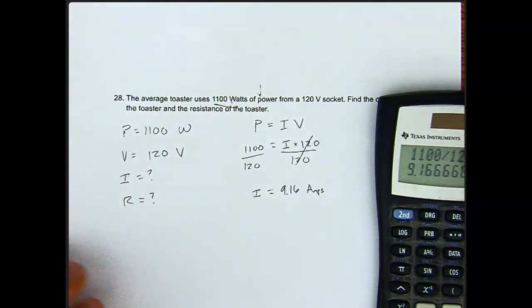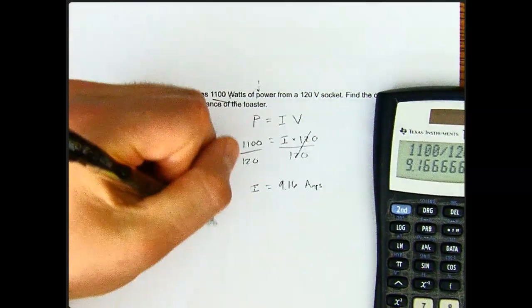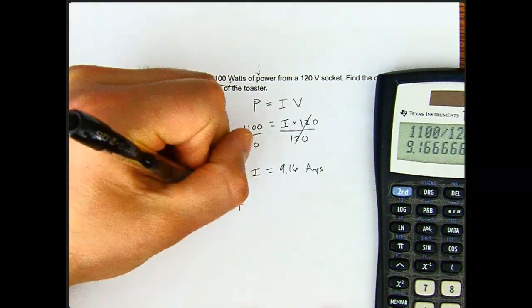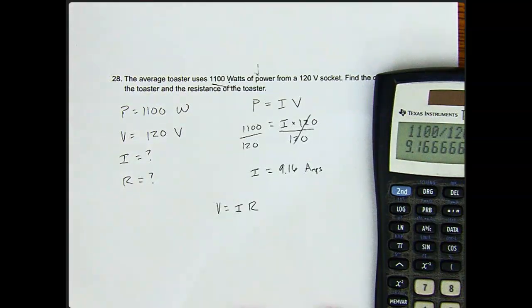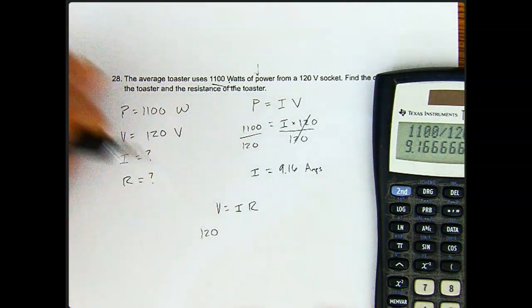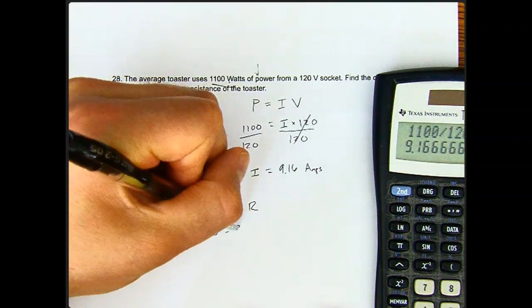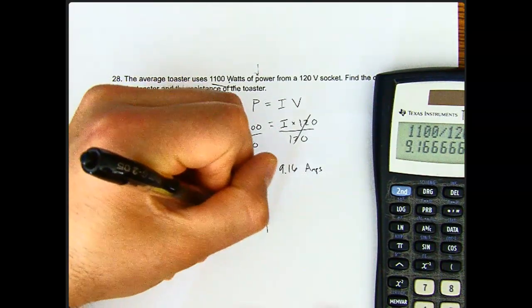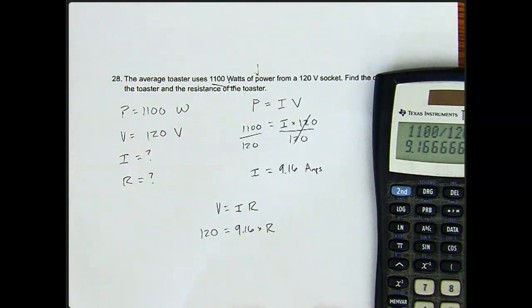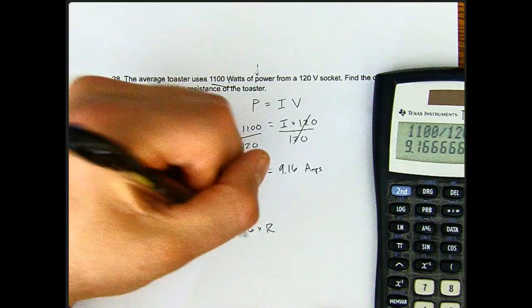Now that I know my current, I can find my resistance using the relationship V equals IR. I know my voltage is 120, and now I know my current. My current is 9.16. So now I can find R. I'm going to divide both sides by 9.16.